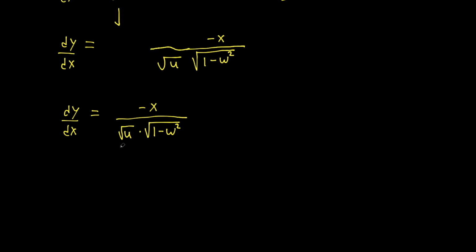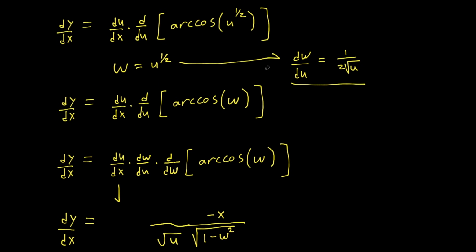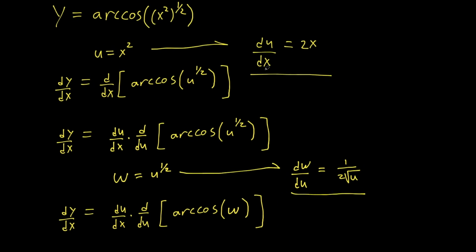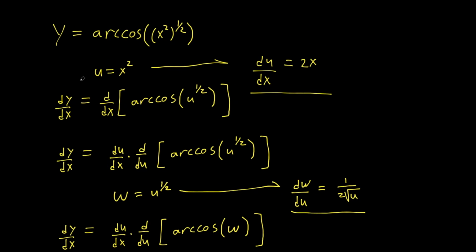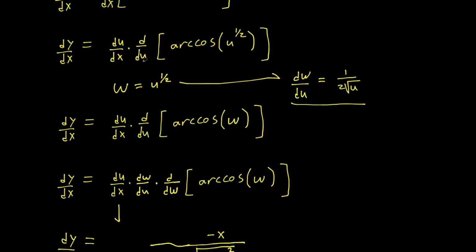And we're going to want to get everything back in terms of x. So u is equal to x squared from up here.